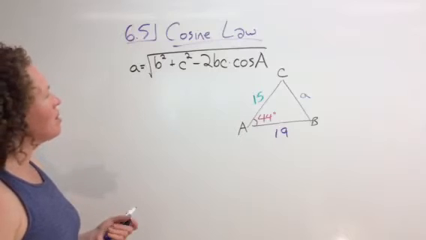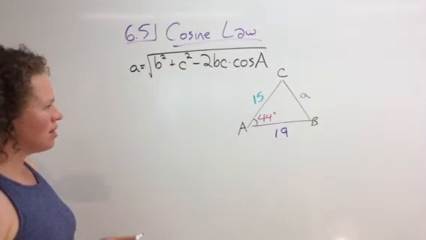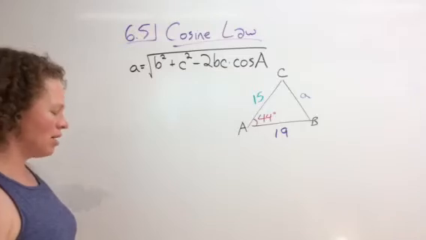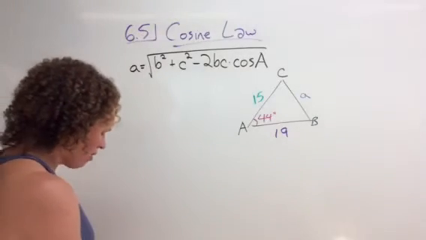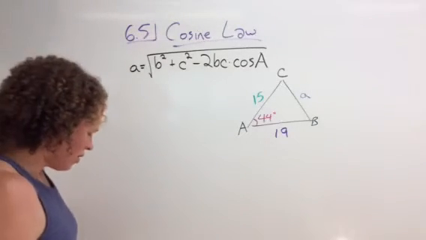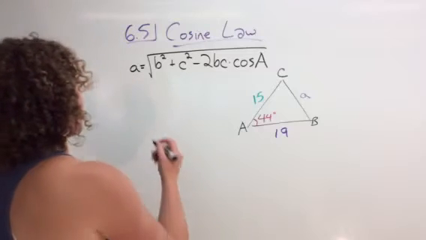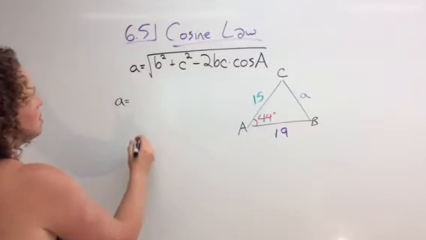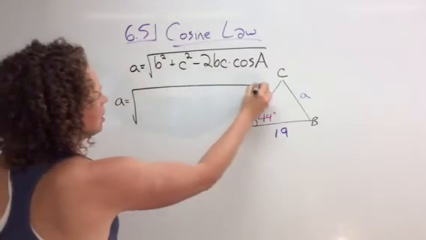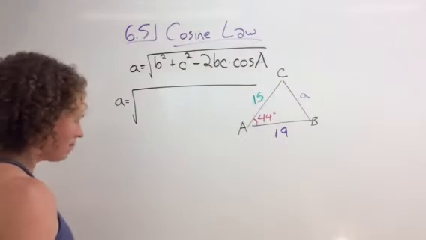But if you're not so keen on that, then you can do it in little steps. For this one, I'm going to break it down into little steps just to show you how everything goes together. So I'm going to start off by just going a equals, and I'll write the square root because I'm going to need lots of space.